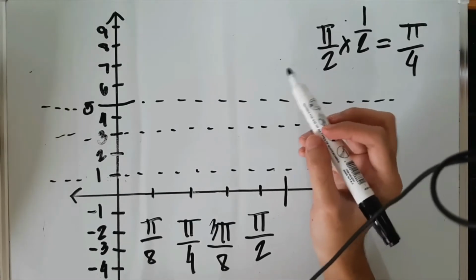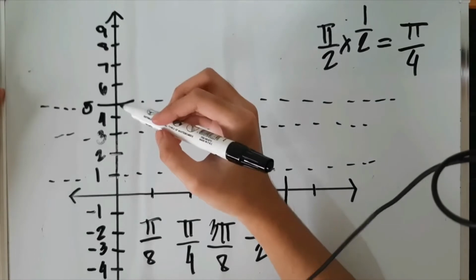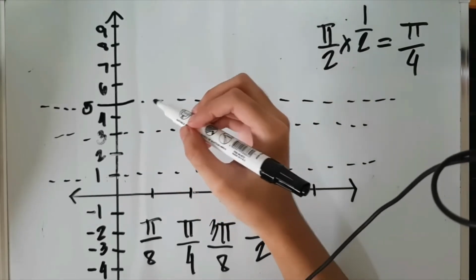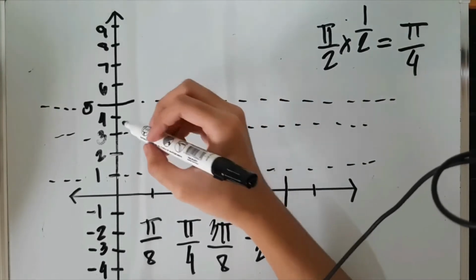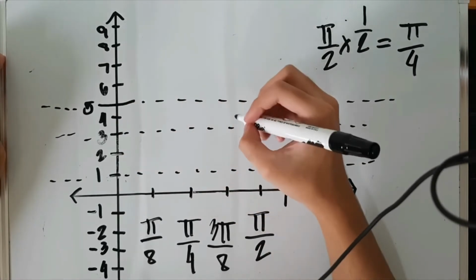Since our trigonometric function is a sine, we will start from the middle. And since our amplitude is positive, we go up, then middle, then down, then middle, then up.